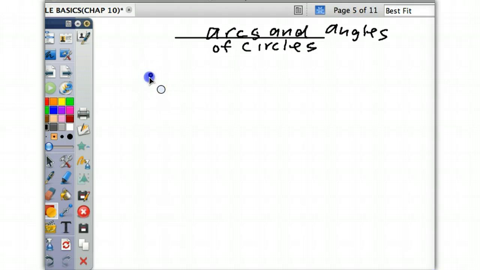All right, just go ahead and draw yourself a circle. And let's look at some features of this circle. Let's say we've got a central angle. Let's put it there.